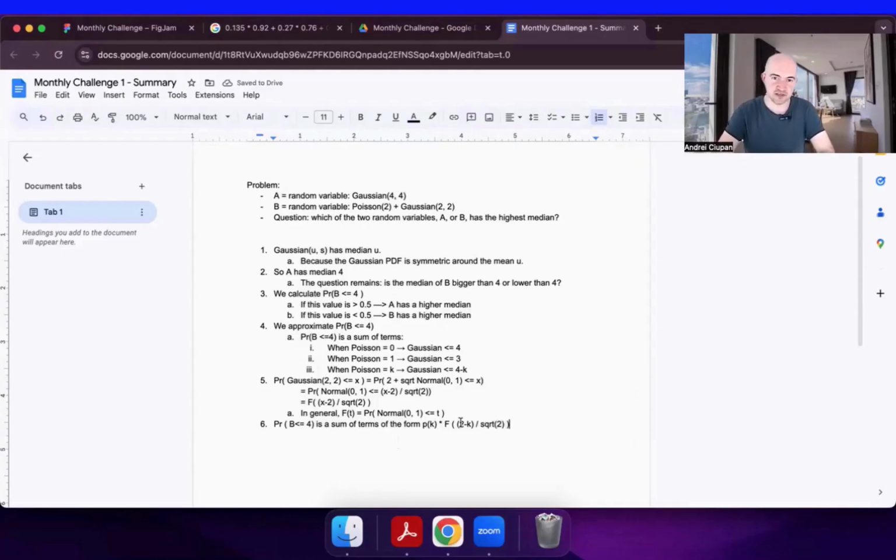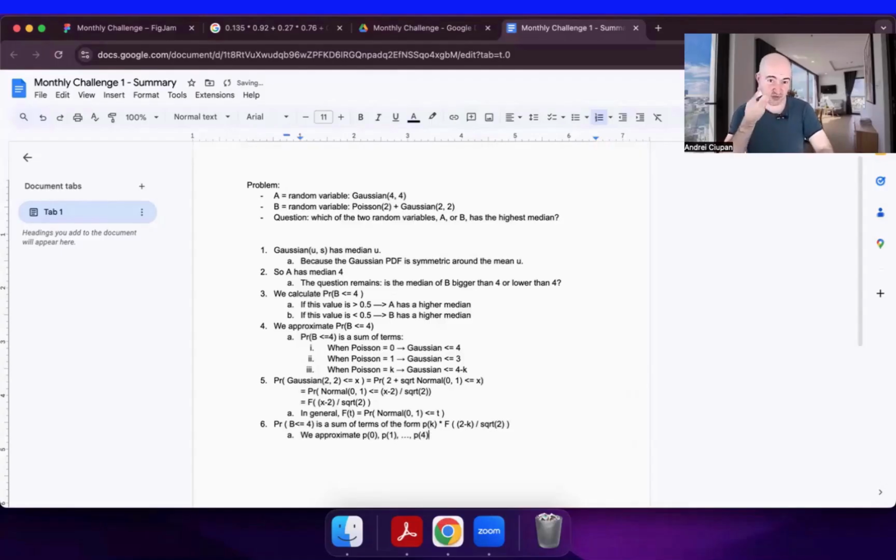It's a sum of all of these terms for k equal to 0, 1, 2, 3, and so on. And then we approximate p of 0, p of 1, all the way to p of 4.